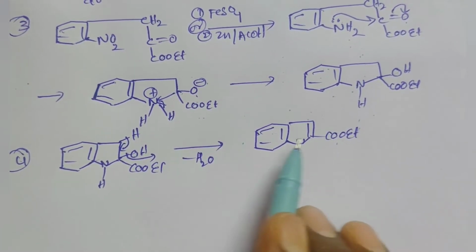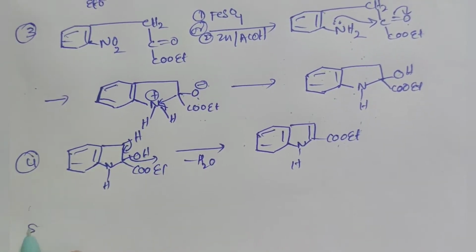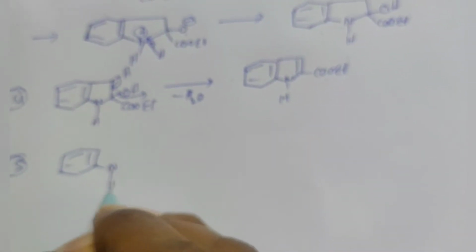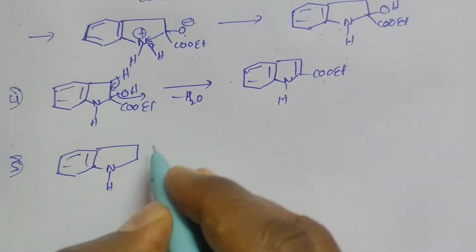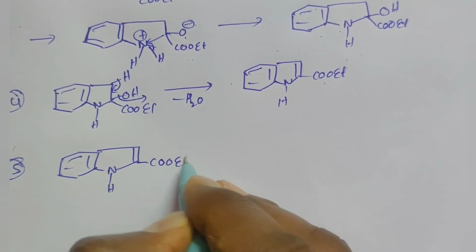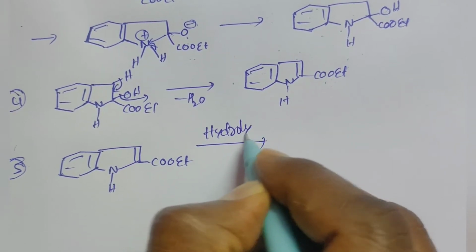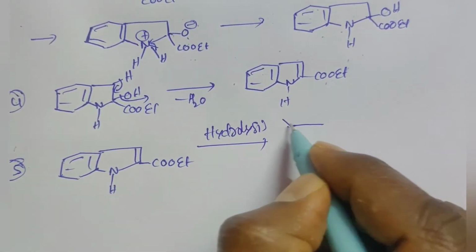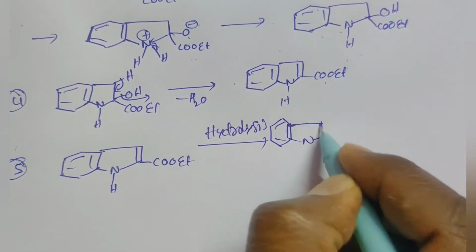So it is known as the ethyl indole-2-carboxylate. But here to get the indole we have to remove this one. To remove that one, what we have to do means we have to hydrolyze that one. So when we hydrolyze this ester, in the presence of base or acid, this one undergoes hydrolysis and we get the indole-2-carboxylic acid. Indole-2-carboxylic acid like this.